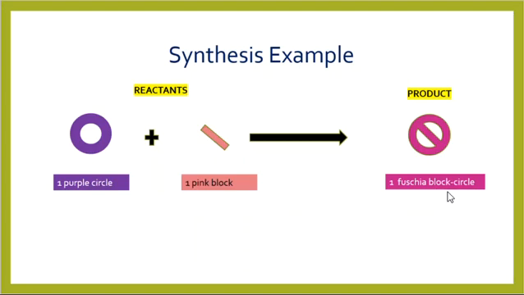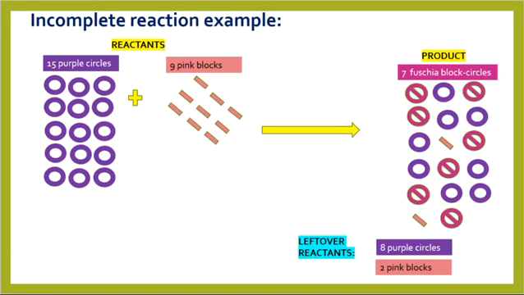In this case, our product is a block circle. You'll notice how the shapes form a union and that the color of the shape is a blend of the colors of the reactants.